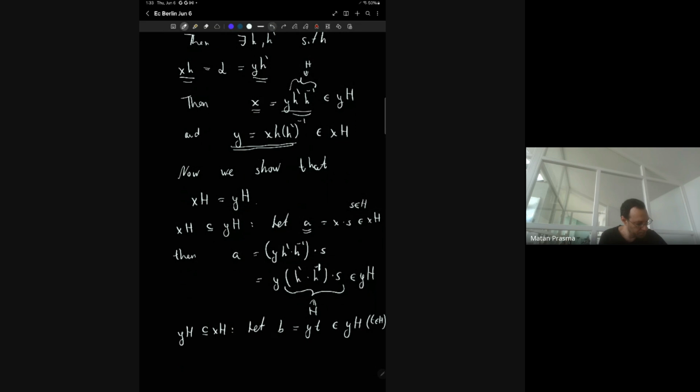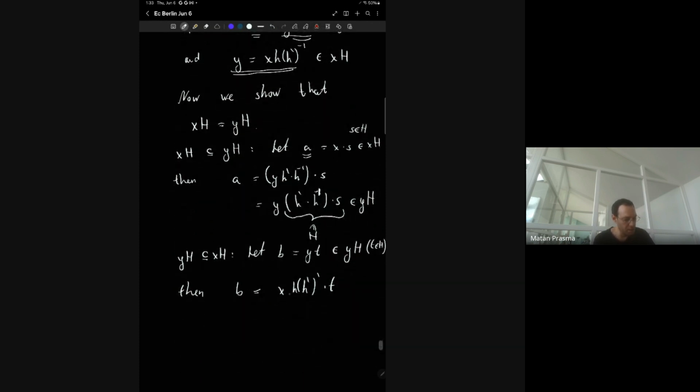And then b is equal to x h h prime minus 1 times t. But this whole thing is an element in H, because it's a multiplication of elements in H. So this guy is an element in xH.